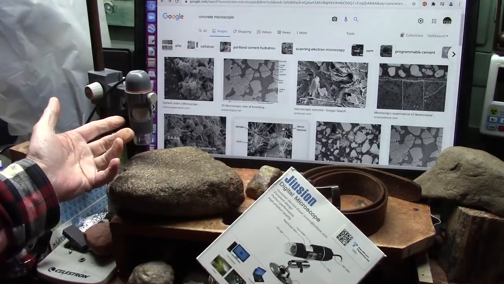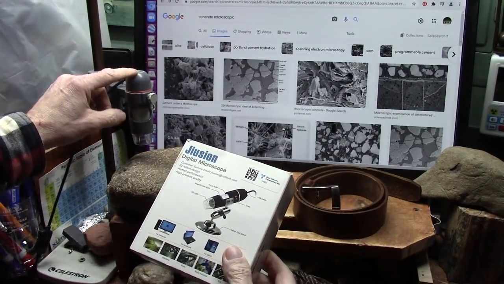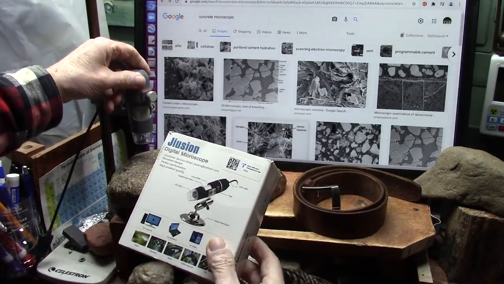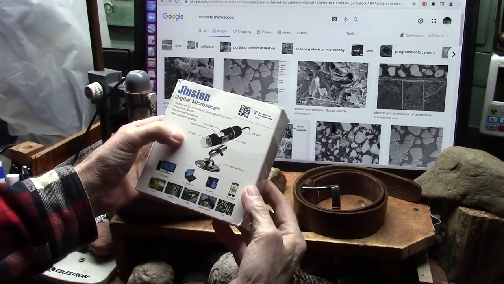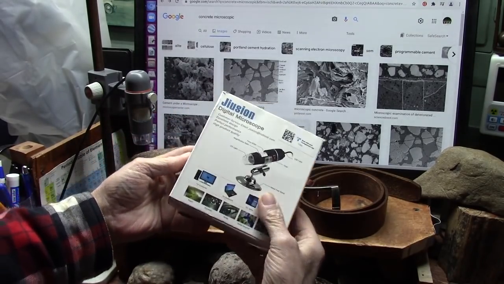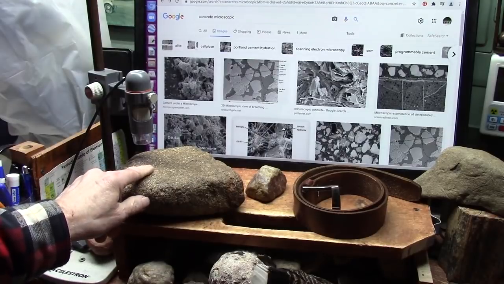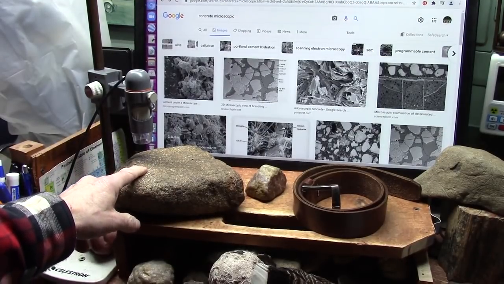Mine is a 200. This is I think 5 megapixel, 15 megapixel, I'm not sure. You should be able to get at least a pretty good image of what we're looking at. When you see what this is, you'll have no problem identifying mud fossils in the future. None whatsoever.